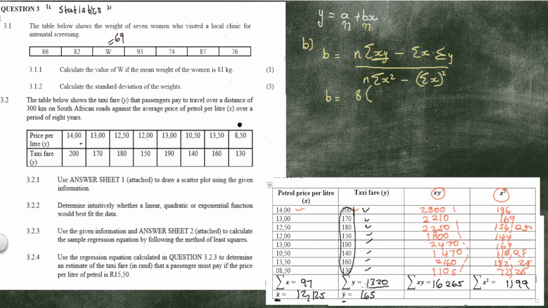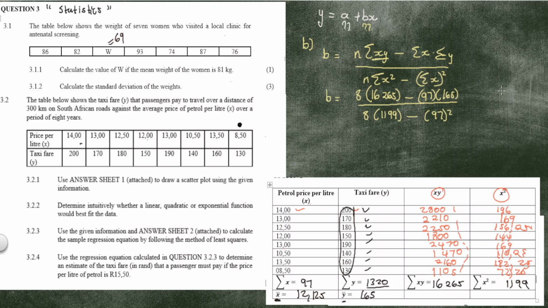b is equal to n, the number of values, that is 8, open bracket, sum of xy, that's 16,265 minus sum of x 97, sum of y 165, divided by 8, sum of x squared, 1199, minus sum of x 97, so it's 97 squared.